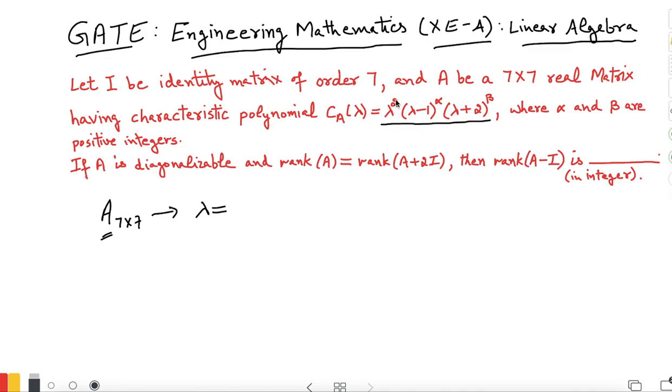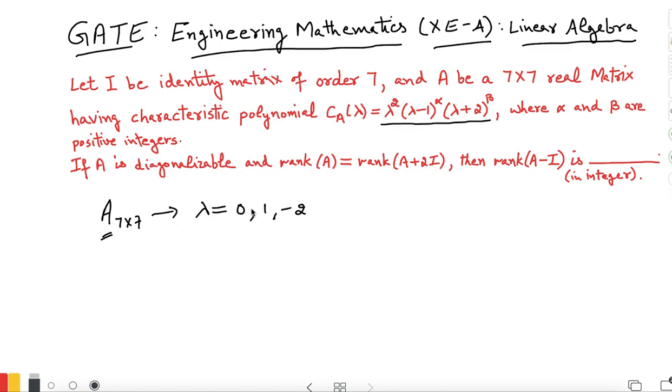So clearly lambda is equal to 0 you will get from here, lambda is equal to 1 you will get from here, and lambda is equal to minus 2 you will get. So there are 3 eigenvalues, but they will be repeating eigenvalues because a total of 7 eigenvalues will be there. So clearly you can see that lambda equal to 0 is repeating 2 times.